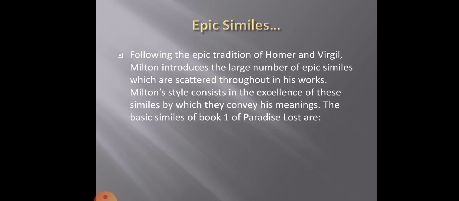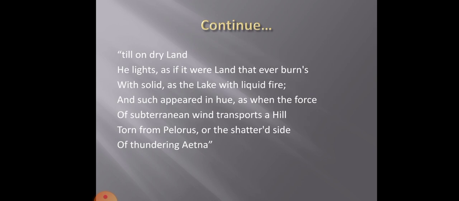So, following the epic tradition of Homer and Virgil, Milton introduces a large number of epic similes which are scattered throughout his works. Milton's style consists in the excellence of these similes by which they convey his meanings. An instance of the basic similes of Book 1 of Paradise Lost: "Till on dry land he lights, as if it were land that ever burned with solid, as the lake with liquid fire.